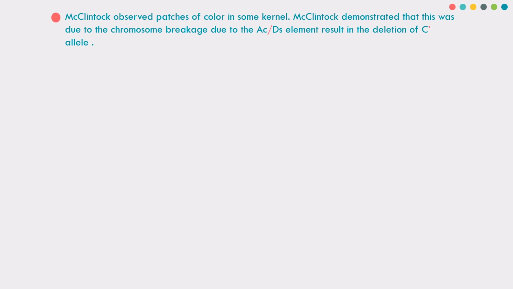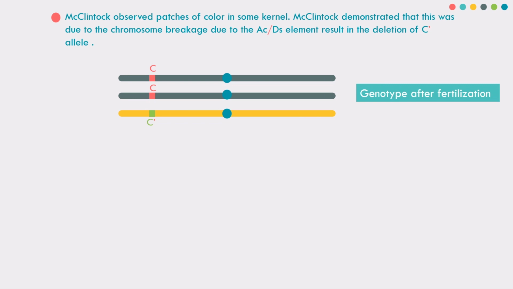McClintock demonstrated that this was due to chromosome breakage caused by the Ac or Ds element that results in the deletion of the C- allele. As shown in the diagram, this is the genotype after fertilization. Here, due to the presence of the Ds element, the C- allele from the chromosome is lost as an acentric fragment.